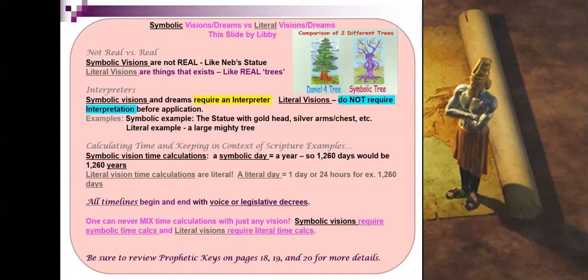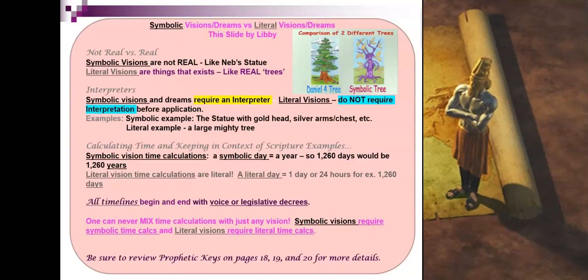Yes, Christine? Isn't the tree symbolic, representing the king? It does represent the king, but the vision itself is literal since it compares him to a regular tree.